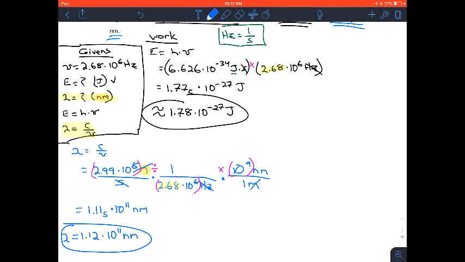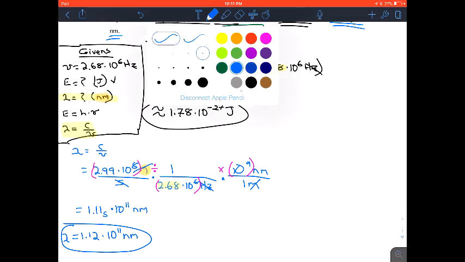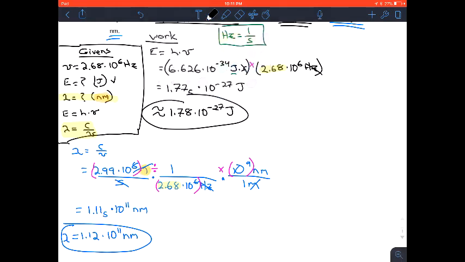Okay, so now we can see how easy it is in 2 steps here to solve for our energy and also our wavelength. Okay, so this is the solution to problem number 1.